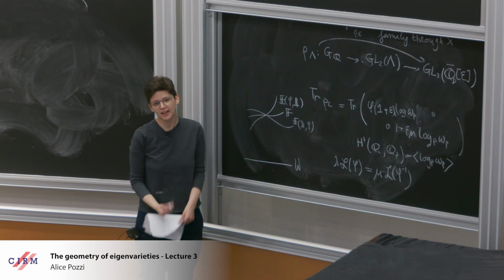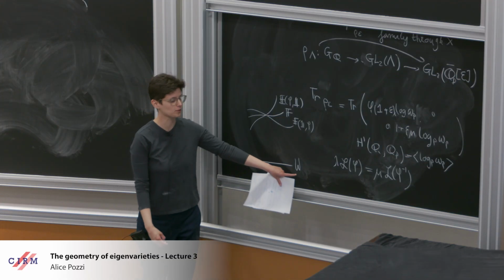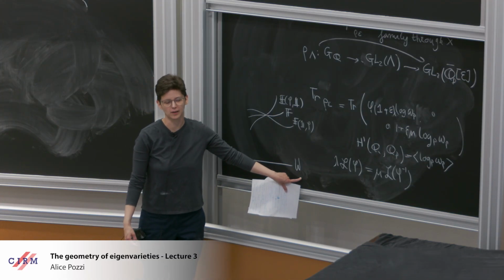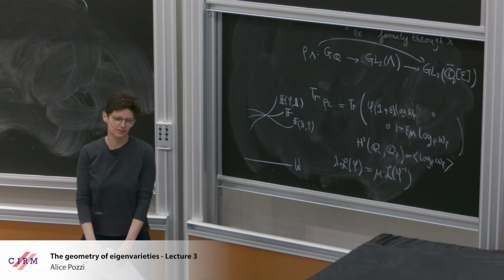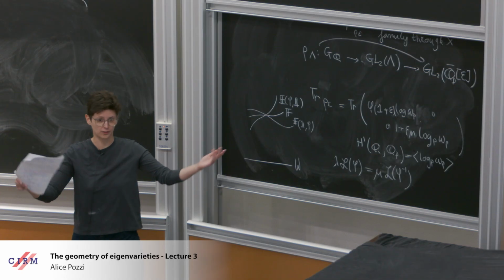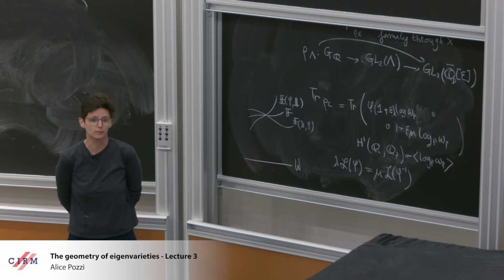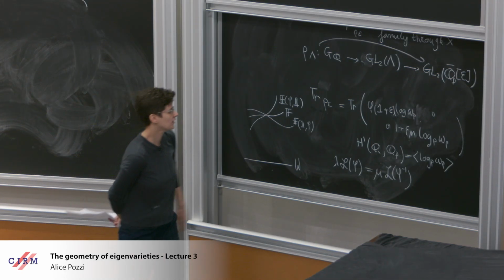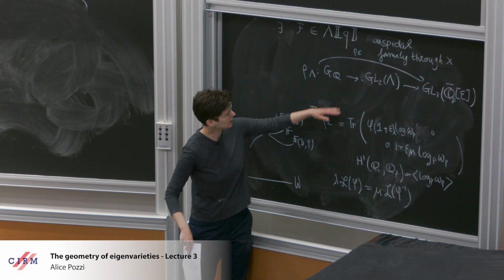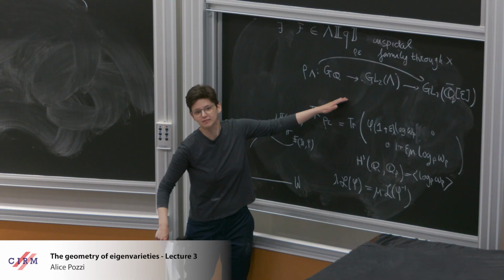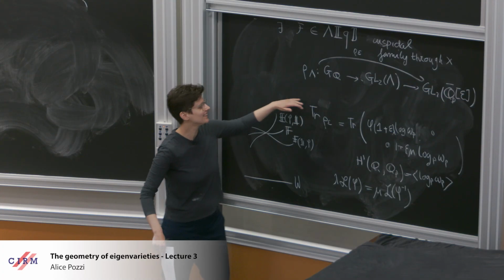So I can really think of the parameter of this family to also be the local parameter of the weight space. But unlike the previous setting, in which that was a general theorem following from Hecke theory, here the argument is more convoluted because you need to prove it.